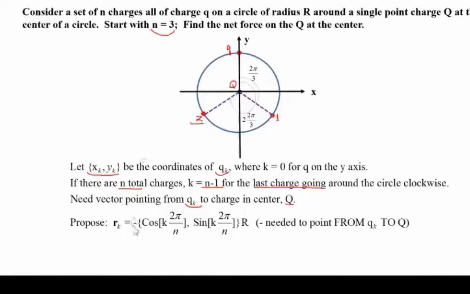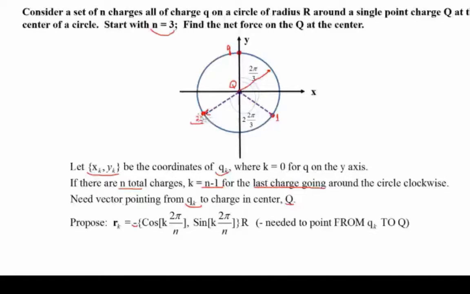Now this minus sign here is because if you look at the vector which goes from the origin to a particular charge, so let's say this vector here, the force is going to be in the opposite direction. So if these are two positive charges, then the vector which will give us the force on Q due to this charge here will actually be minus r sub k. I'm being a little sloppy here.